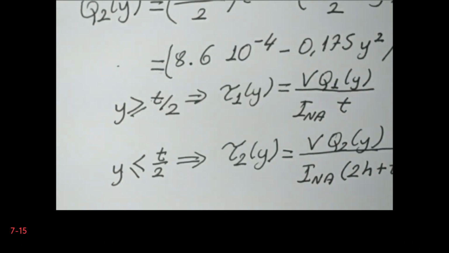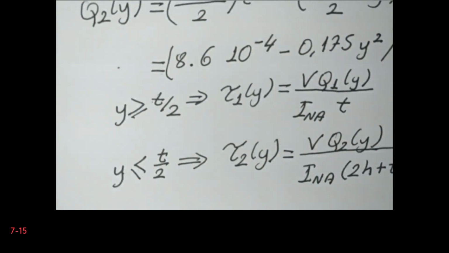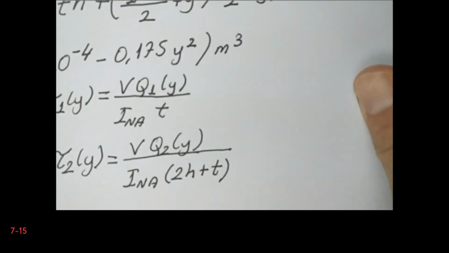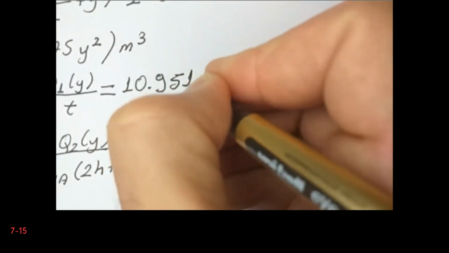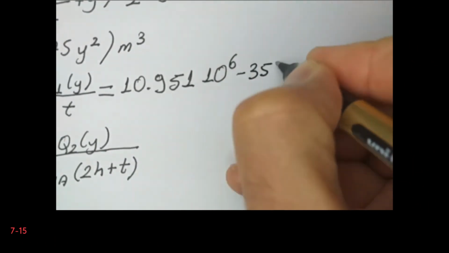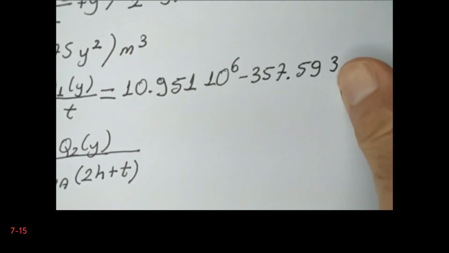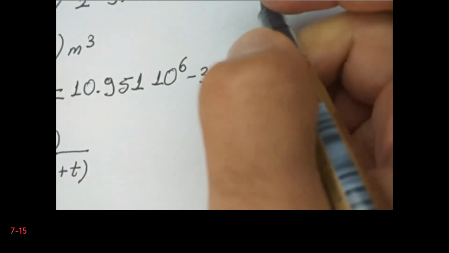In fact, if you put the values, T1 will be 10.951 10 to the power 6 minus 357.593 10 to the power 6 y square, and the unit is pascals.